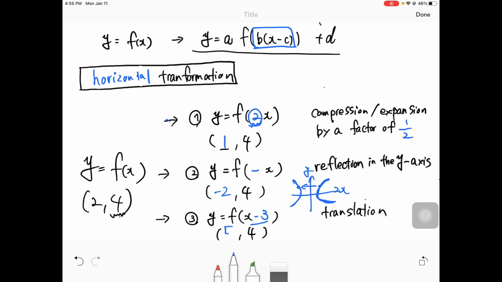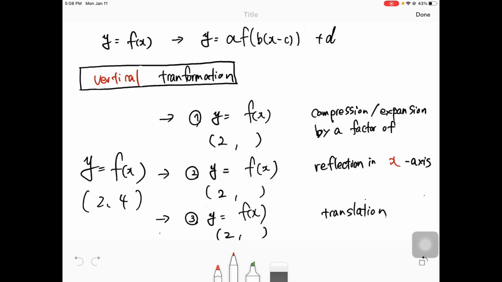So it's gonna be 5. But on the other hand, if the value is positive, you have to subtract the value from here. You have to make sure that that's all about horizontal transformation. If you don't know any of these, please check out my previous video.